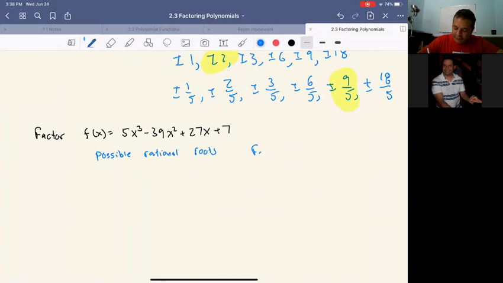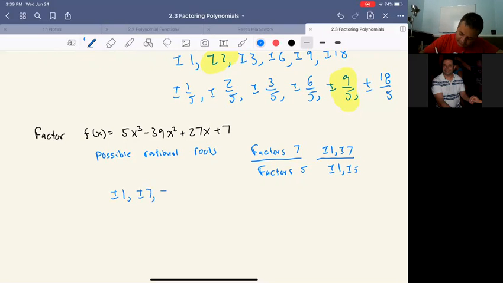Factors of 7 over factors of 5. Plus or minus 1, plus or minus 7, over plus or minus 1, plus or minus 5. So we're going to get plus or minus 1, plus or minus 7, plus or minus 1/5, plus or minus 7/5. Okay, all right, let's check.